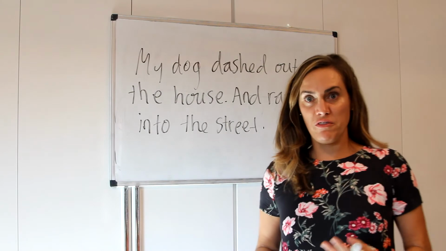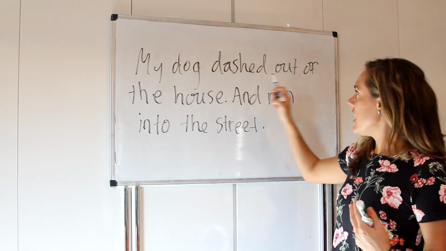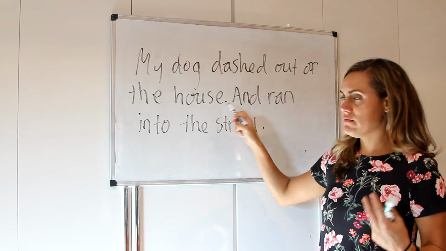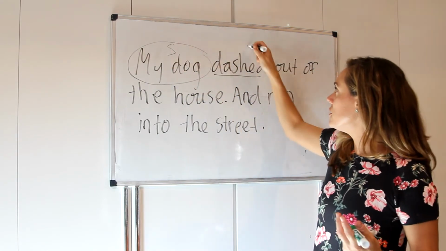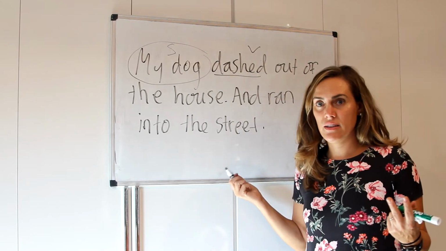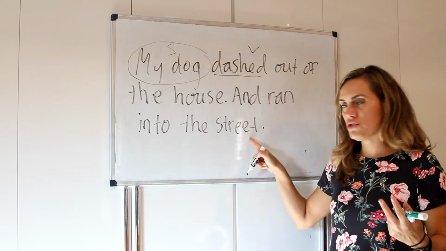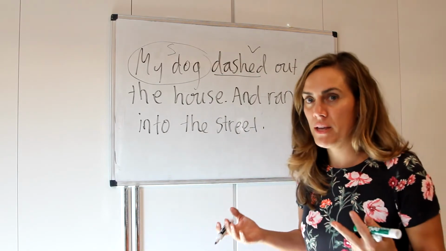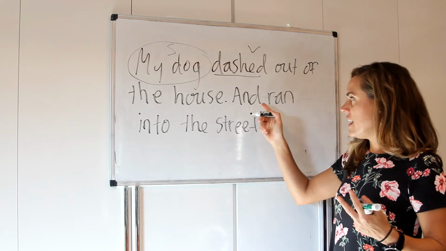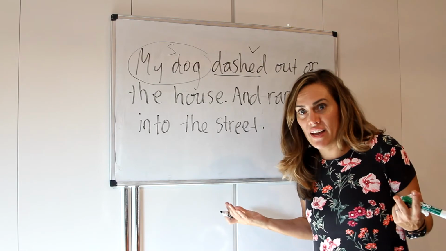This is another type of fragment that I see often. "My dog dashed out of the house." That sentence is fine. It has a subject, a verb, and a complete thought. But look at this one: "And ran into the street." I call this the lonely verb fragment. It has a verb, ran, it's an action, but who ran?